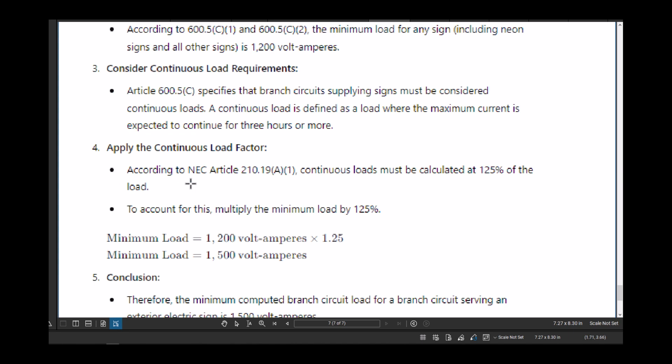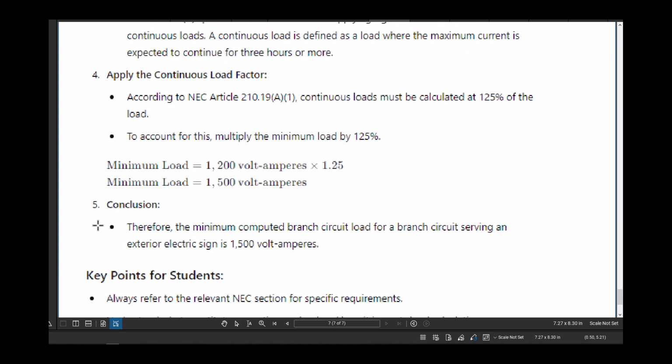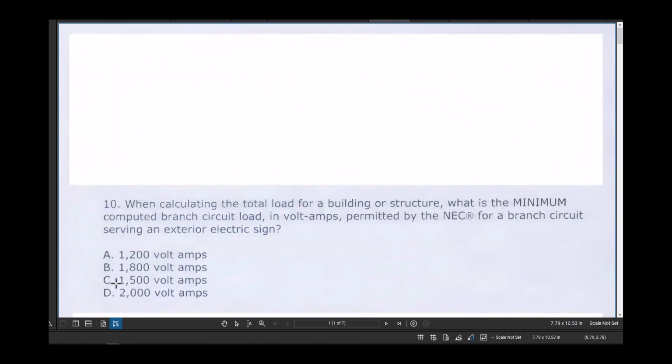When we apply it, we multiply the minimum load of 1200 by 125%, which gives us 1500 volt amps. Conclusion: therefore, the minimum computed branch circuit load for a branch circuit serving an exterior electric sign is 1500 volt amps. And as I said, the answer C is correct.